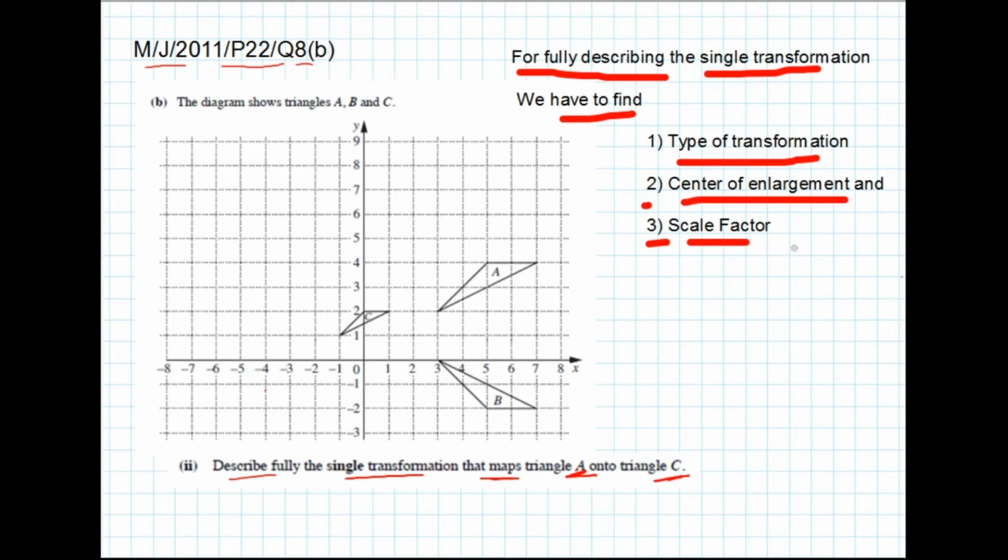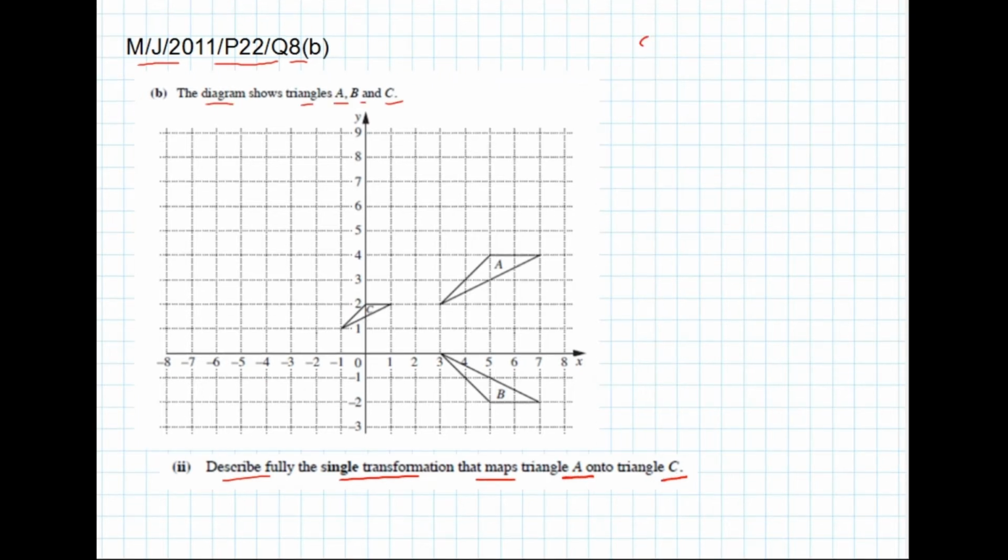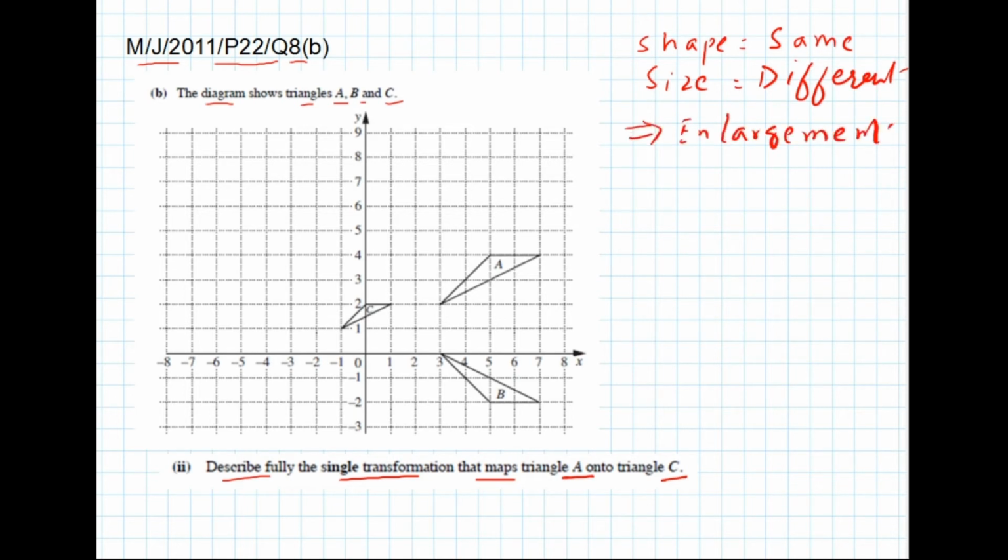If we see triangle A and C, then we realize that their shapes are same but sizes are different. So the type of transformation is enlargement. Now we have to find center of enlargement and scale factor.